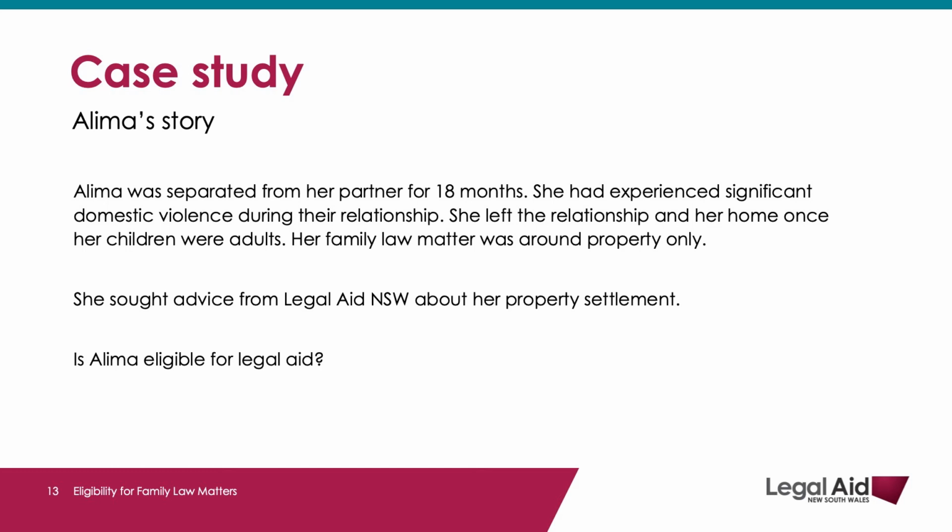Alima is also expecting about $250,000 from her property settlement. This means she satisfies the means test. To be eligible under the means test in terms of assets, Alima can have up to $260,500. Alima meets this as she has $250,000 in assets in her property.